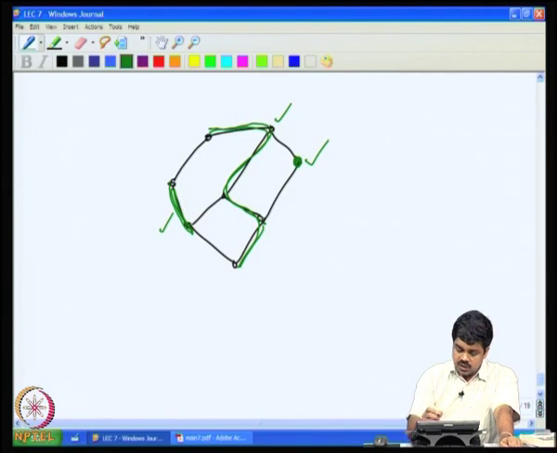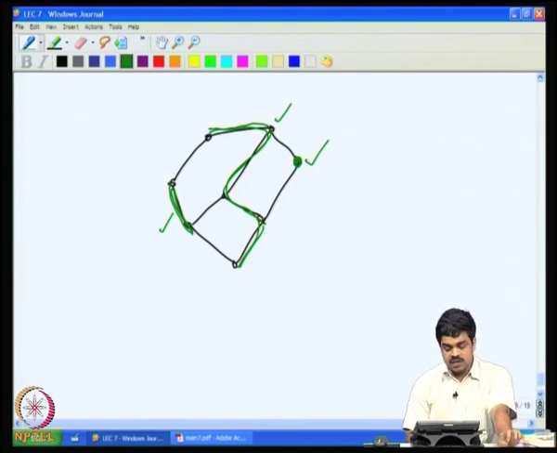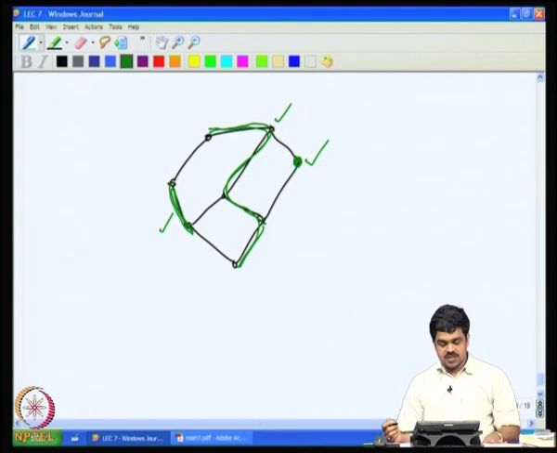Now, look at this statement. I am interested in the minimum cardinality of a path cover, and we say that this minimum cardinality of the path cover is less than or equal to the maximum independent set size of the graph.